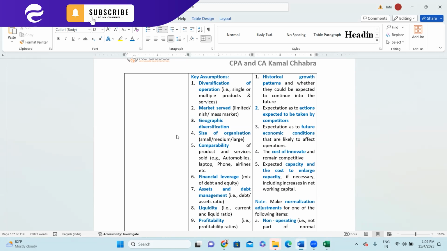Second is the expectation as to action expected to be taken by competitors. So what action you are expecting that a competitor may take to crush you, so that you are always vigilant about it. Third is expectations as to future economic conditions that are likely to affect the operation.